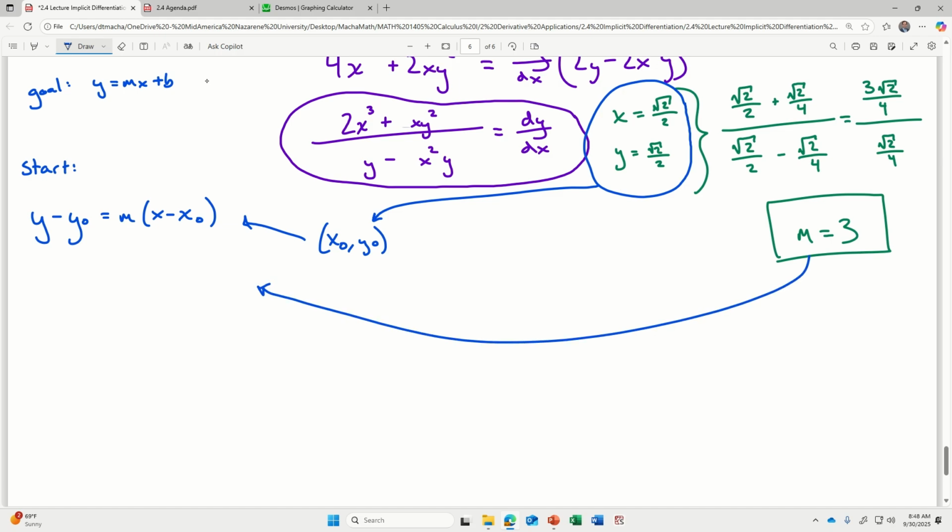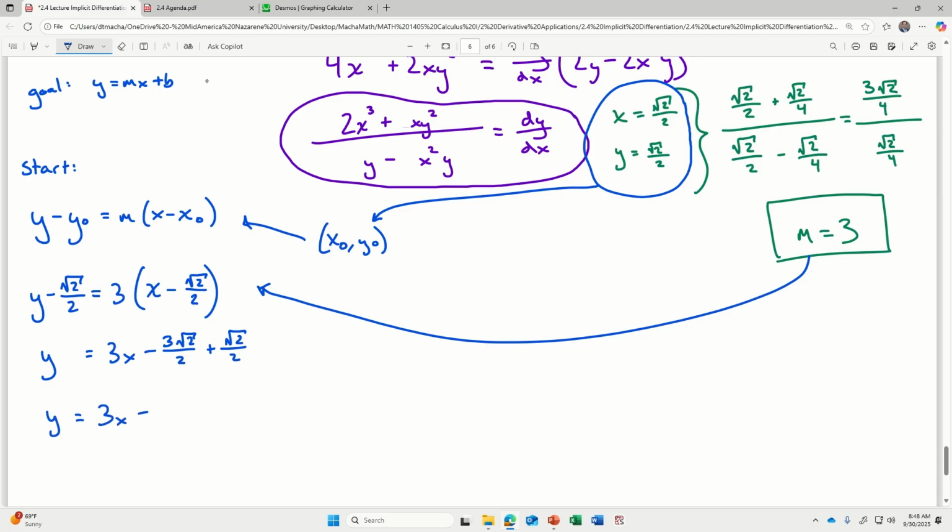So let's do y minus square root 2 over 2 equals 3 times x minus square root 2 over 2. And then we get 3x minus 3 square root 2 over 2 plus 2 square root 2 over 2. So y equals 3x minus 2 square root 2 over 2, so minus square root 2. That's my tangent line.